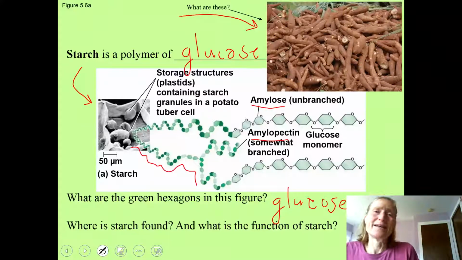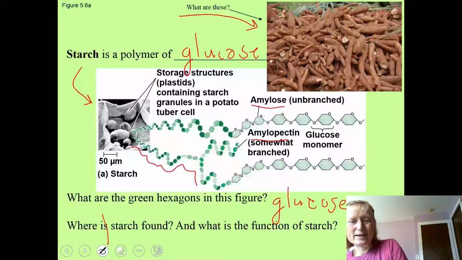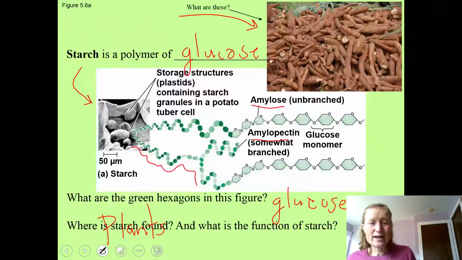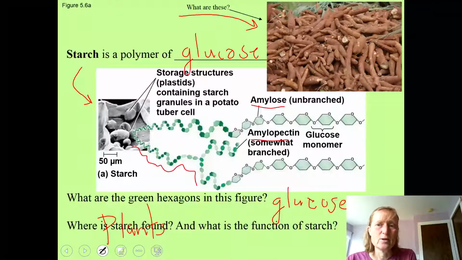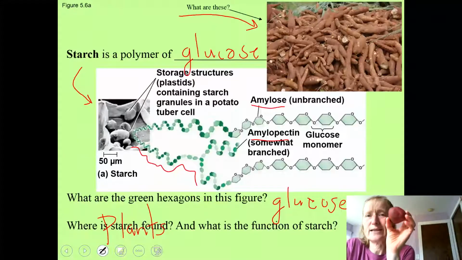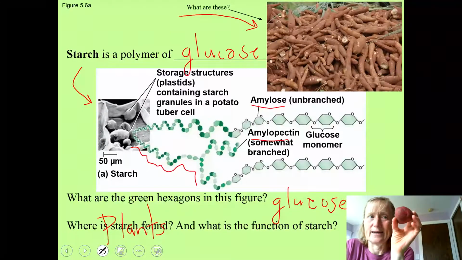All of these things have one thing in common. Where do we find starch? Plants, right? We find starch in plants. What does starch do for the plant? I know for me, starch is great to eat, but for them, what does the potato do for the potato plant? Why does a potato grow this thing?